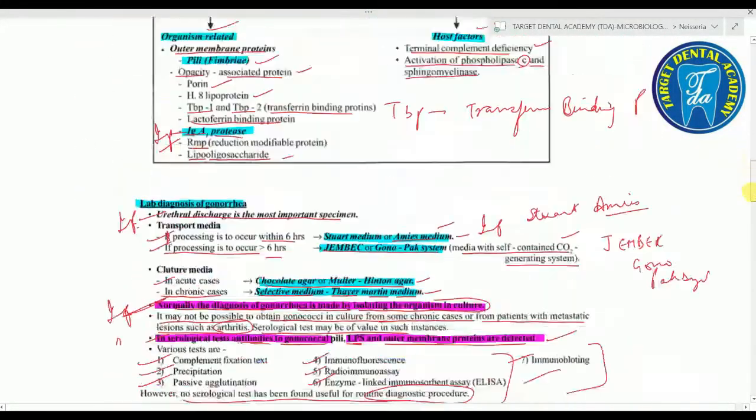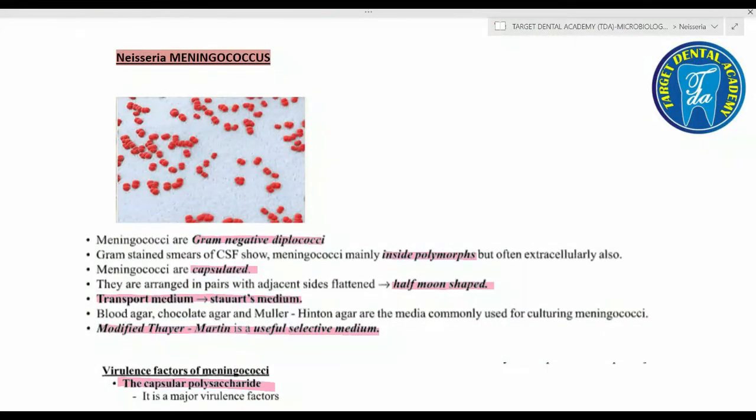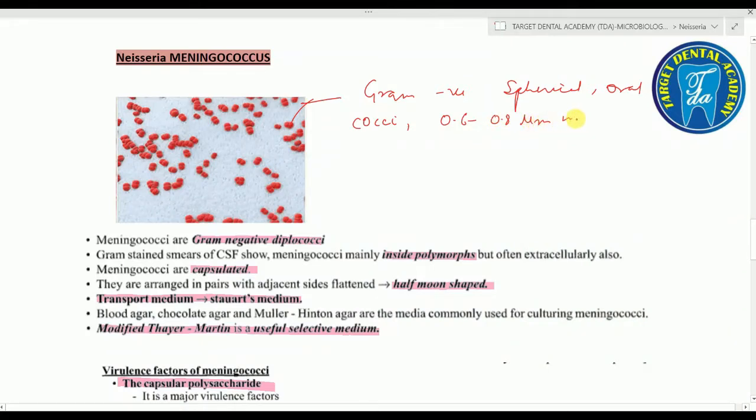Now let's discuss the meningococci. These are gram-negative spherical or oval cocci, 0.6 to 0.8 micrometer in size, arranged in pairs.